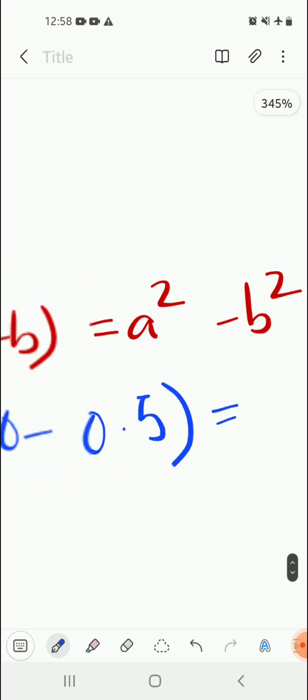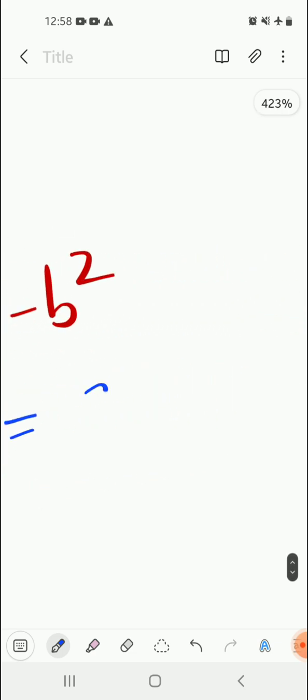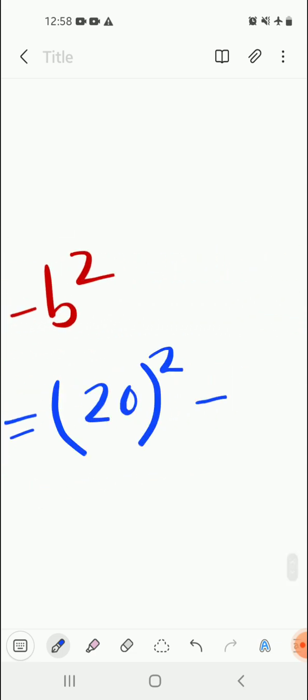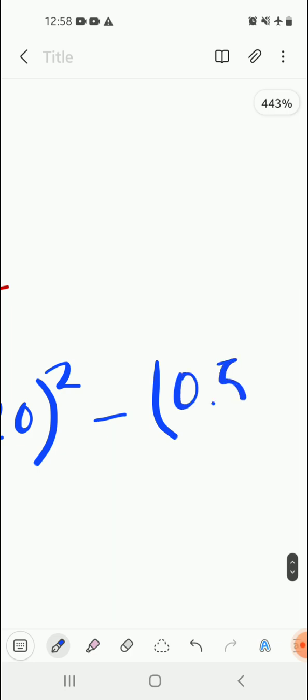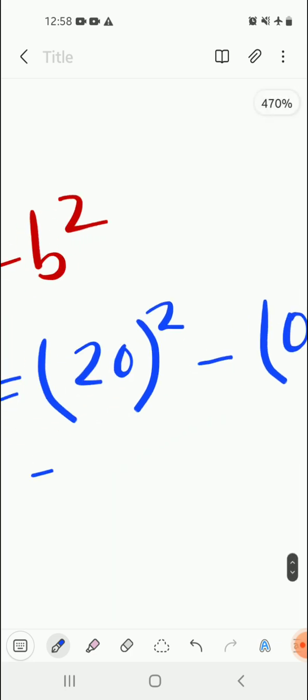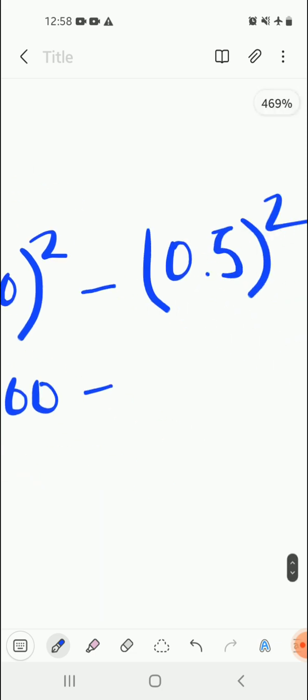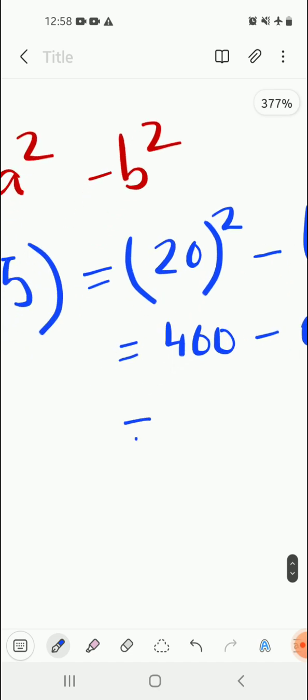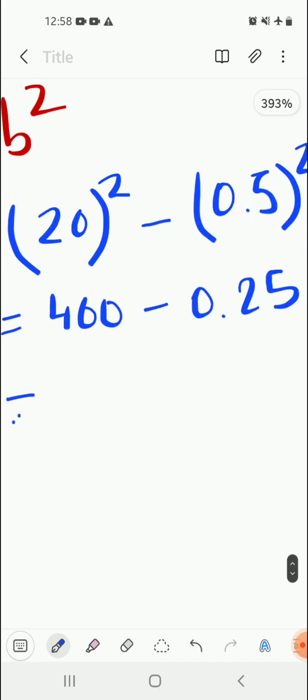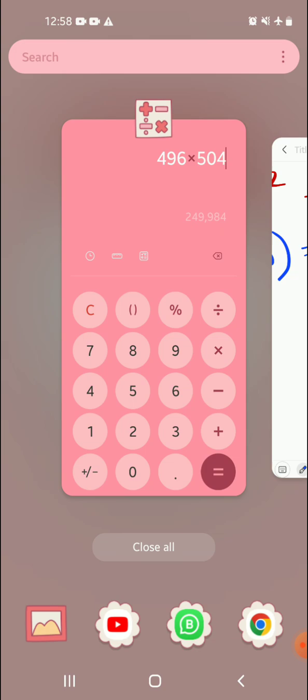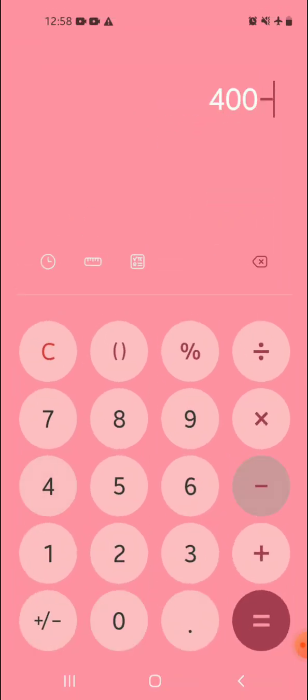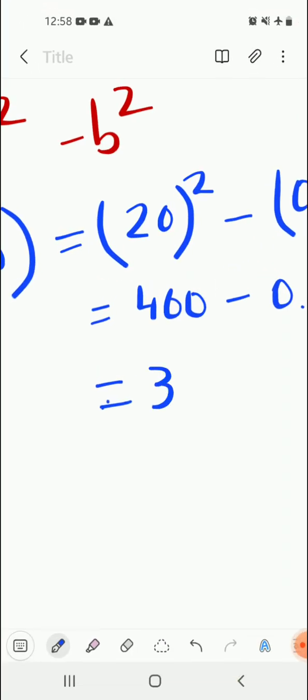A square, that is 20 square, minus b square, that is 0.5 square. 20 square is 400 minus 0.5 square will be 0.25. So 400 minus 0.25, 399.75.